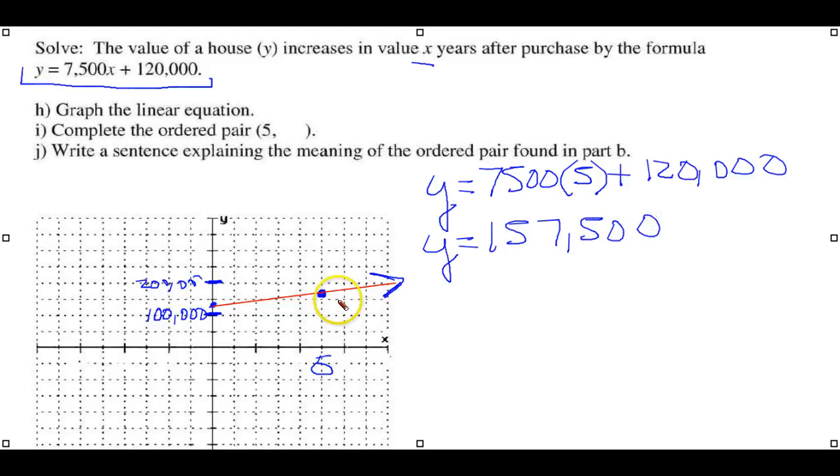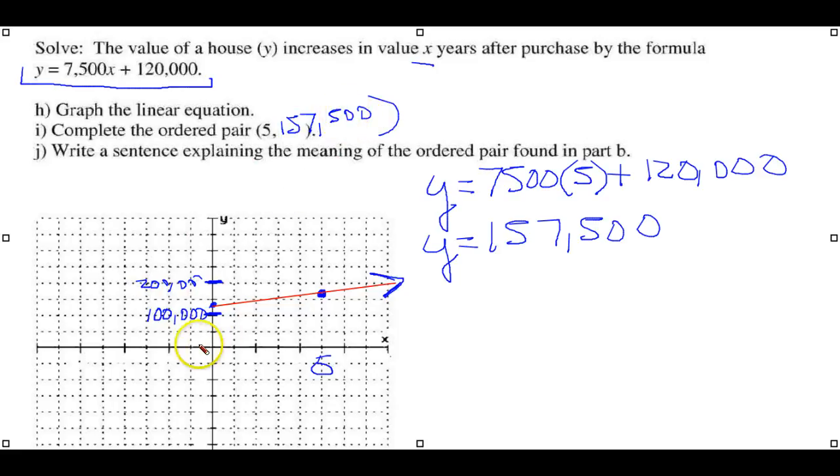157,500 here. Now, what is the meaning of this ordered pair that we see here? This is going to be 5, and y would be 157,500. Didn't leave us that much room. So what's the meaning of this?